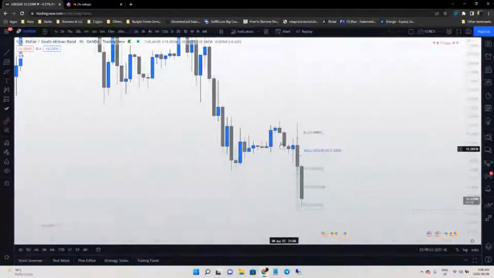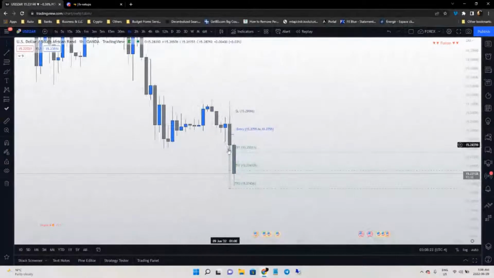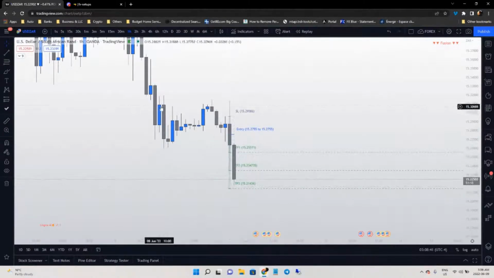You have to decide if you want to take a trade or not. I was going to take the trade, but the move went too fast, and I had to start the stream, so I didn't have the chance to enter. And yeah, that's a lot of pips right there.